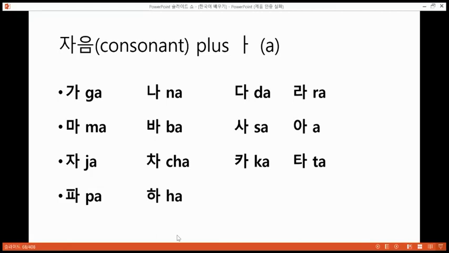Cinta bahasa. If you want to learn the language, you must love the language. So one of the ways is to sing the language. So sing one more time. 가나다라 마바사 자차카타 파하. Can you do it?